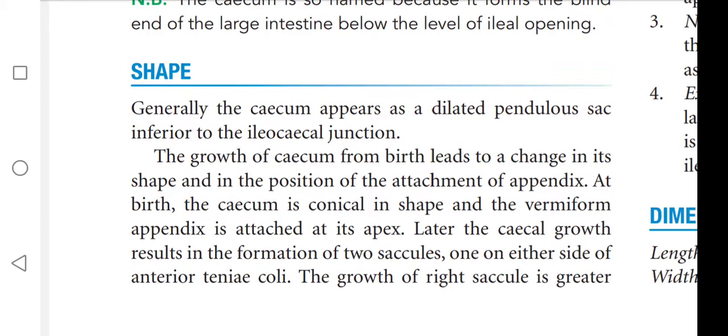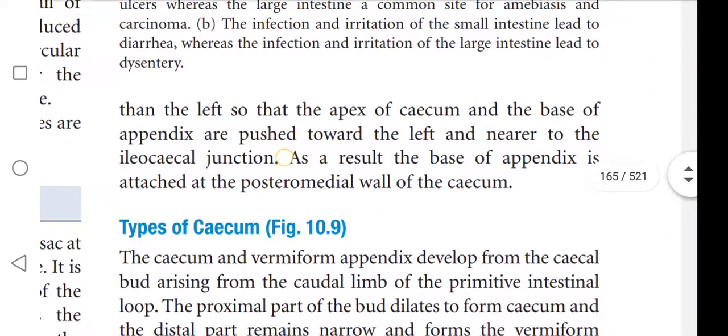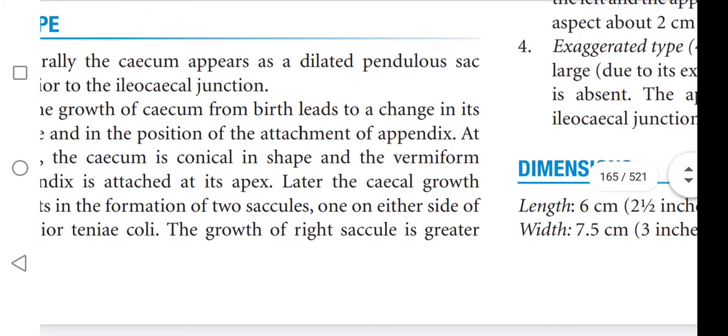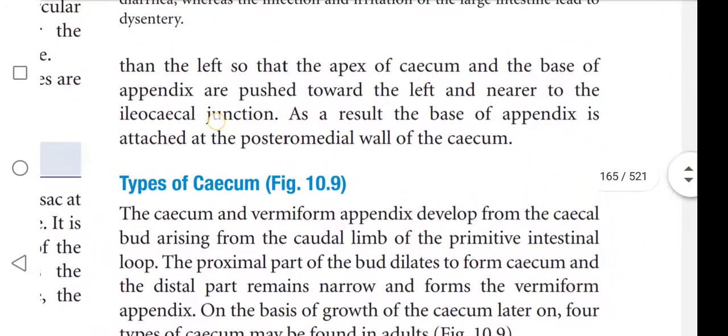The growth of the right sacculus is greater than the left, so that the apex of the cecum and the base of the appendix are pushed towards the left and nearer to the ileocecal junction.